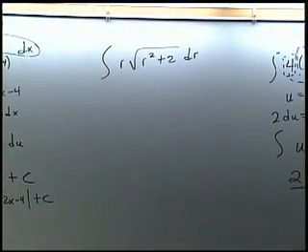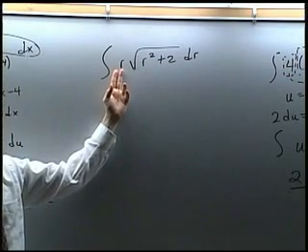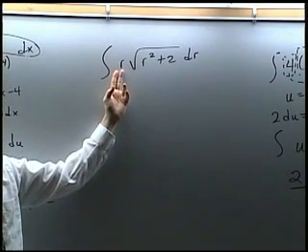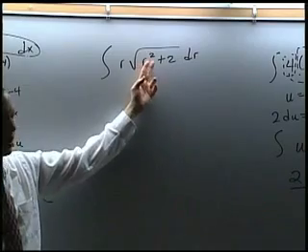Is one of them the derivative of the other one, or is it close to the derivative of the other one? What is the derivative of r? The derivative of r is 1. Is this close to 1? No, not really, because it's got variables in it.